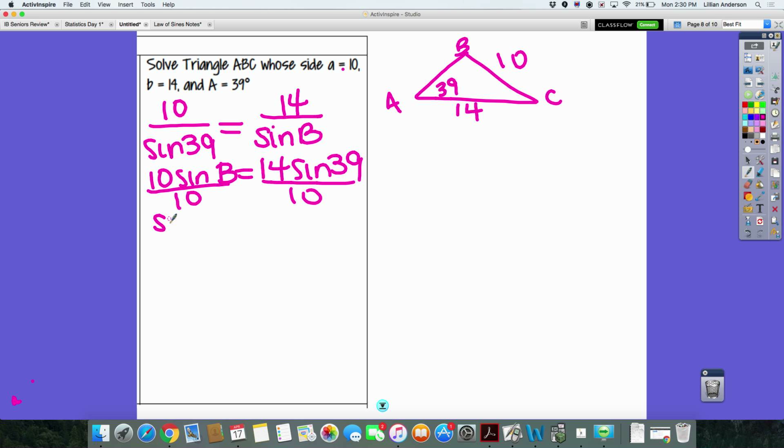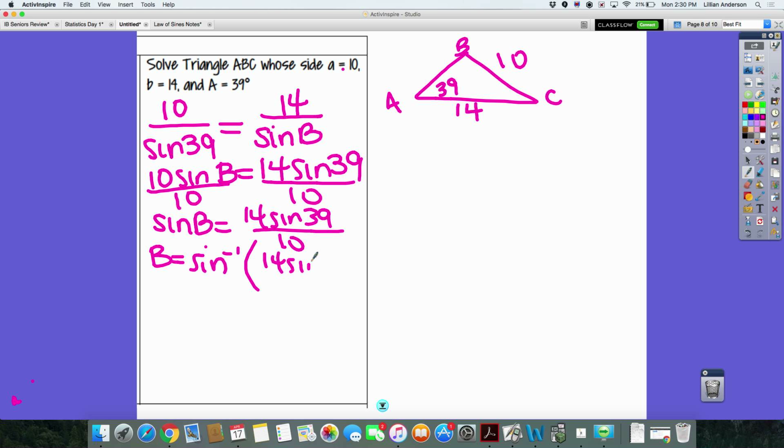So you have sine B equals this whole thing, whatever decimal that is. So then to get B by itself, that's when you do the inverse. Because now I've gotten my angle and the trig function by itself. So at this point, then I take the inverse of that whole decimal.